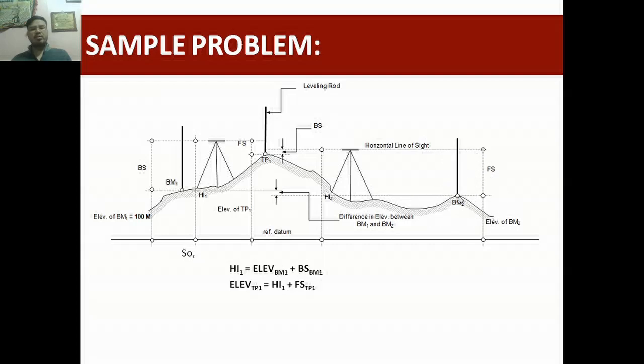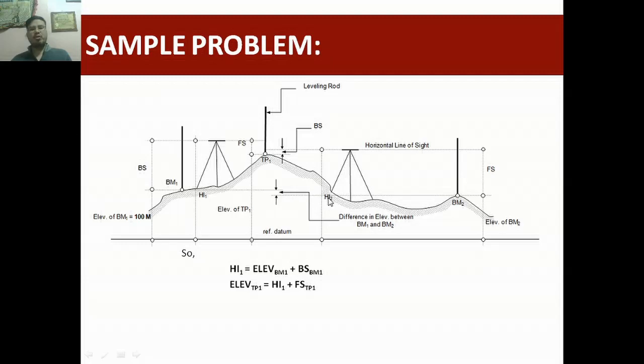Okay, so let's proceed to the elevation of benchmark 2. How do we compute the elevation of benchmark 2? First, we compute HI2. How do we compute HI2? It is similar to our computation earlier. The elevation of turning point 1 plus the backsight of turning point 1. That will give us HI2, the height of instrument 2, meaning the second instrument position.